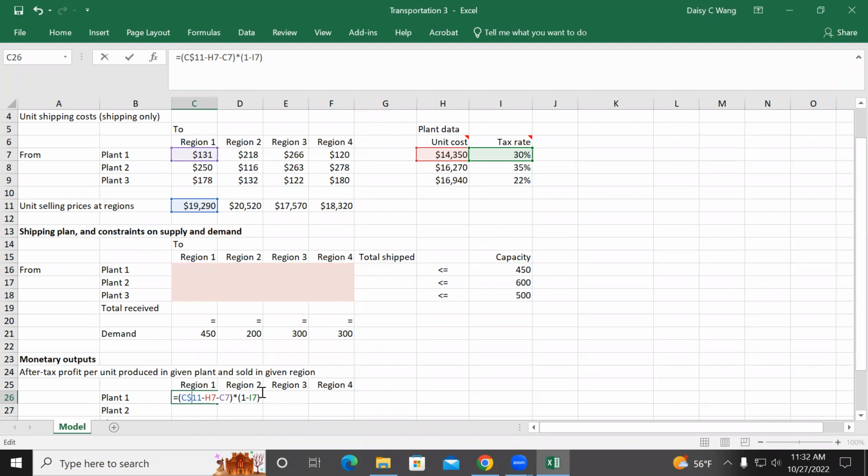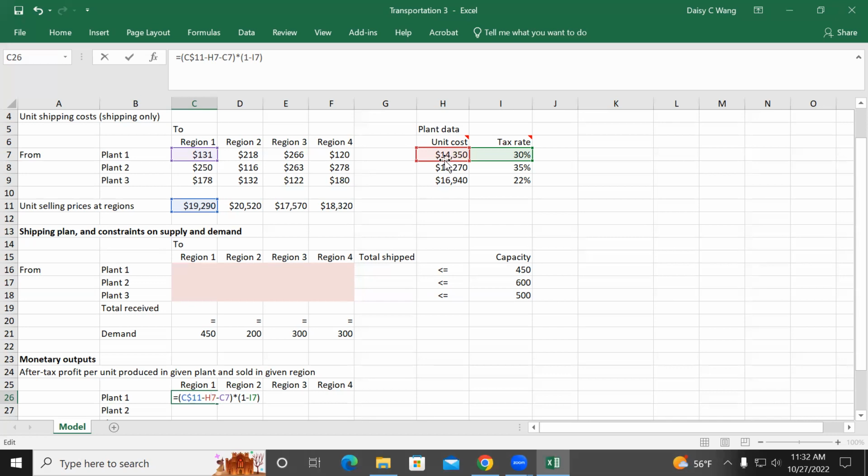How about the next one? H7 is the unit cost. Do we put a $ sign in front of H or 7 or both? Yeah, H. We want 7 to move to 8 and 9, but when we drag it over, it will be from plan 1.